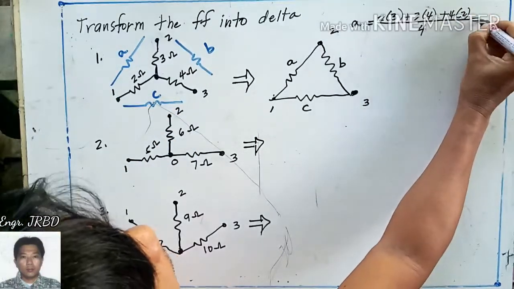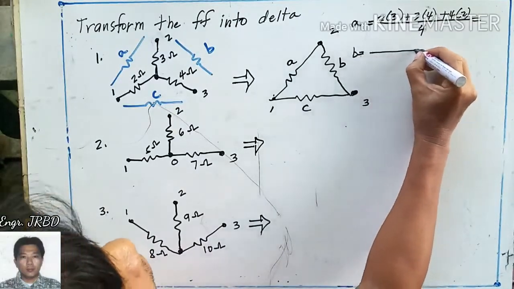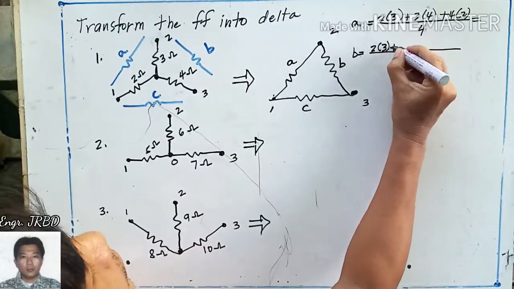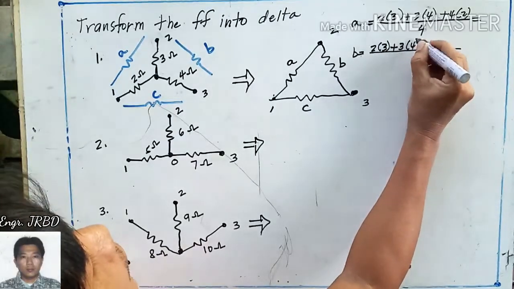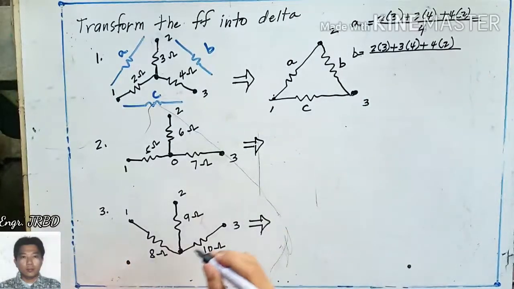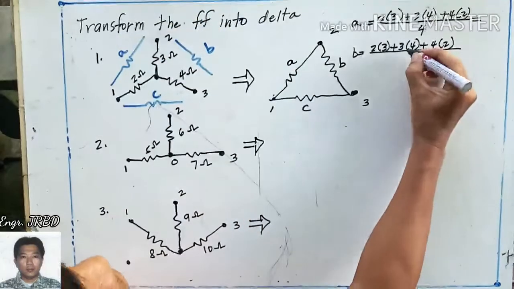Letter B. The numerator is the same, that is 2 times 3 plus 3 times 4 plus 4 times 2 divided by the opposite leg. That is your 2 ohms.